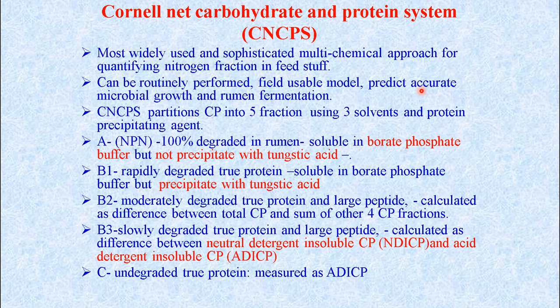Whereas the CNCPS, or Cornell Net Carbohydrate and Protein System, partitions the CP, crude protein, into five fractions using three solvents and protein precipitating agents.